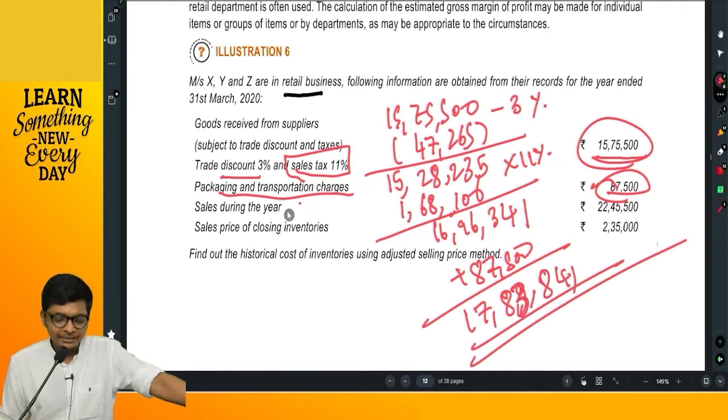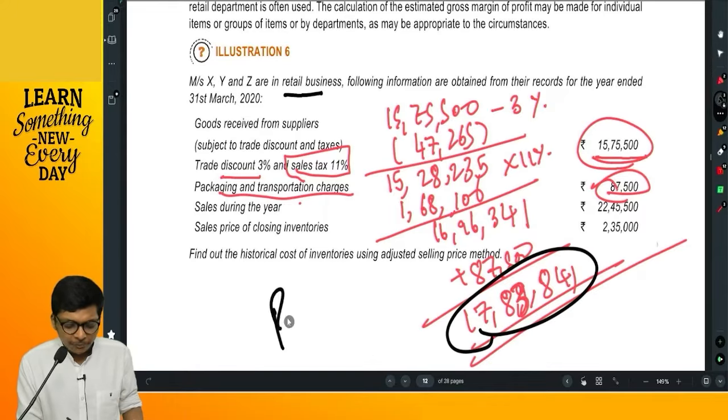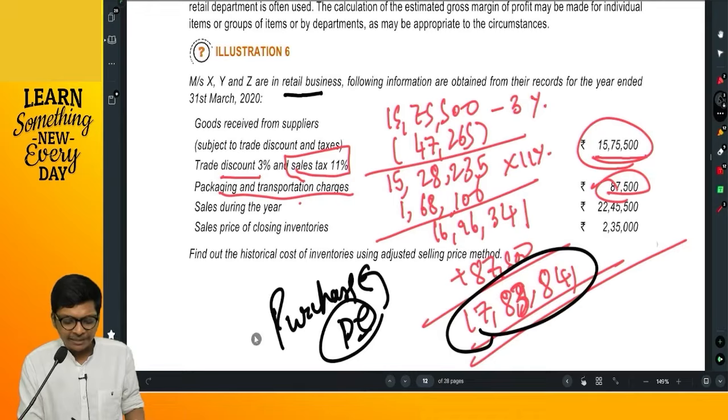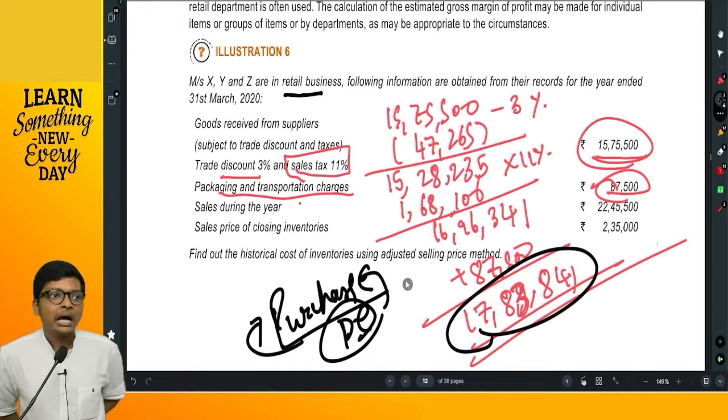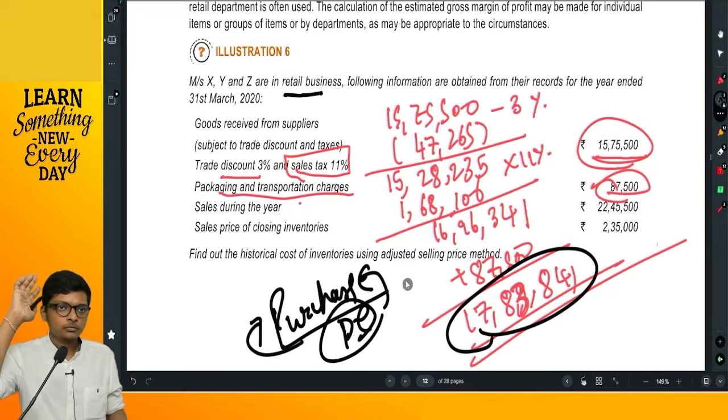Are you following, guys? 17 lakh 83. This is the total money I paid for my purchase, which is my direct expense for purchase. Have you all understood this? How many of you got it till here without my help?